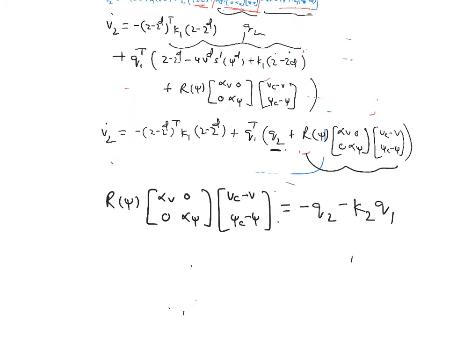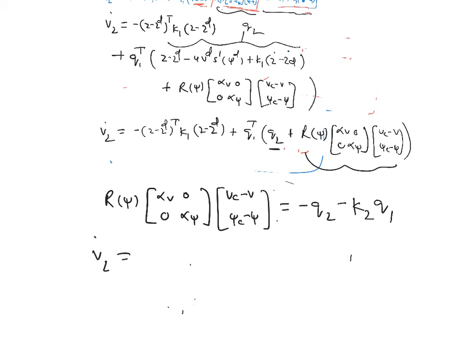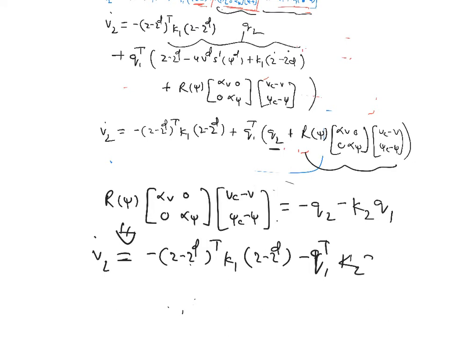This will give me V2 dot equals minus Z desired transpose K1 Z minus Z desired minus Q1 transpose K2 Q1. So negative definite, right?